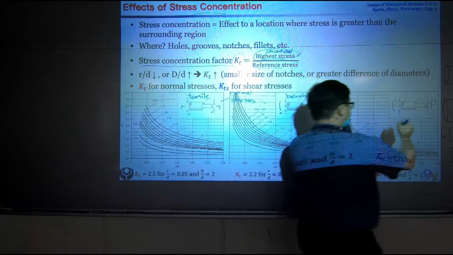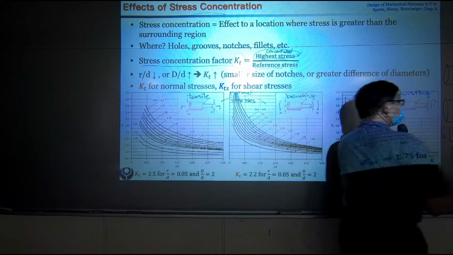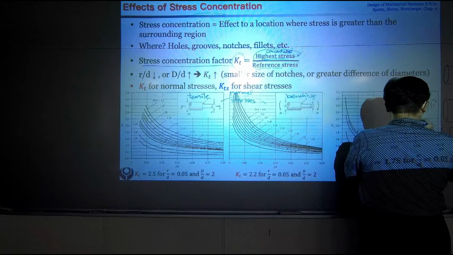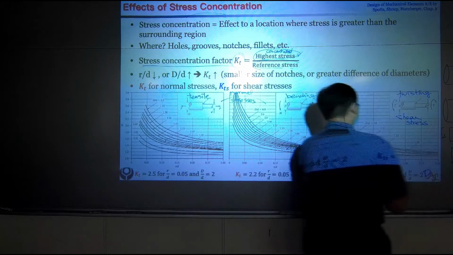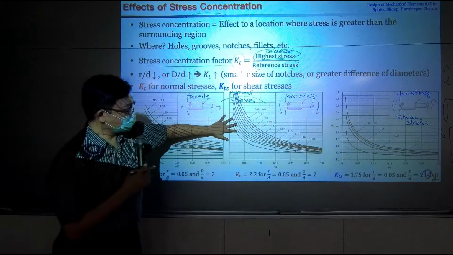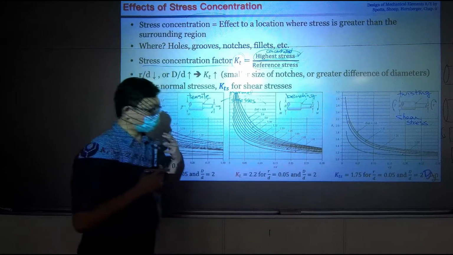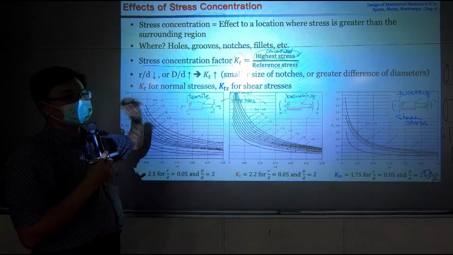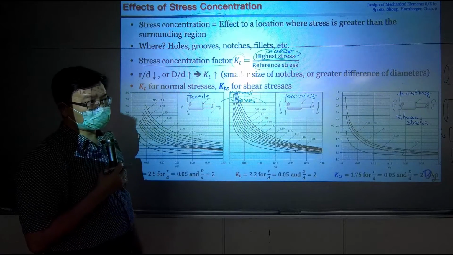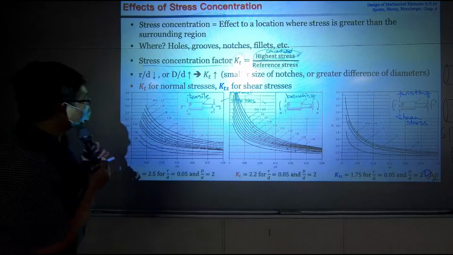But for this one, this is twisting. Twisting will lead to shear stress to the material. Okay? So the difference between these two cases and the third case is how the stress is being applied. Directional wise, they apply the stress in different directions.